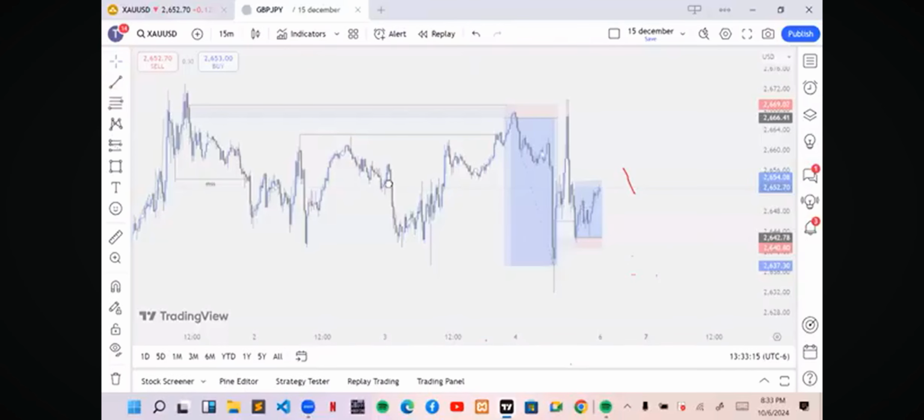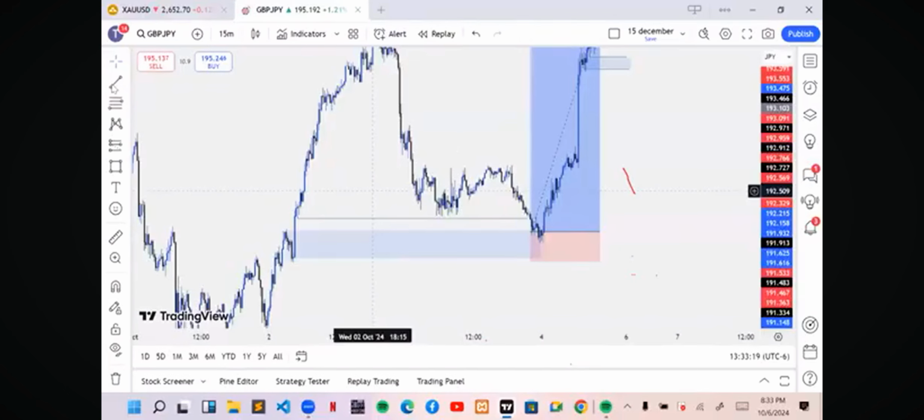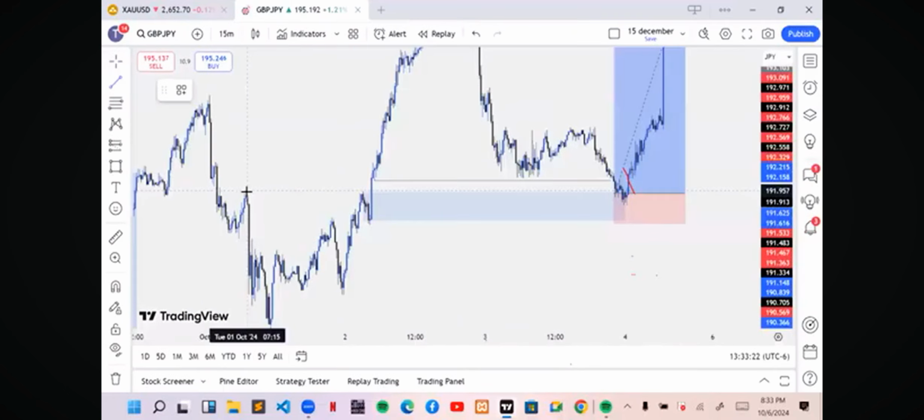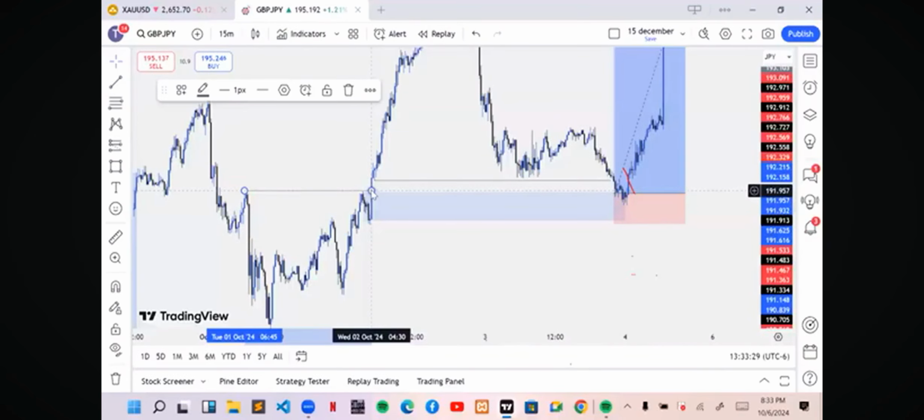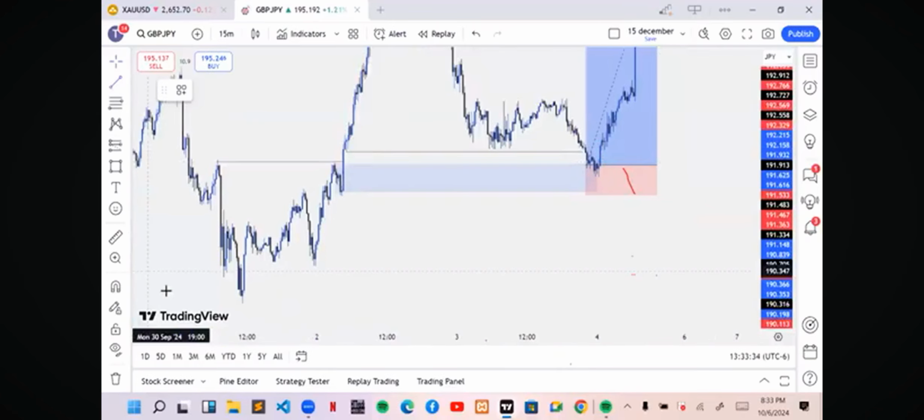So this trade, this is a resistance level in the market. You can clearly see this was a resistance level in the market, right? And then the market was making higher highs and higher lows, which you can clearly see from this.